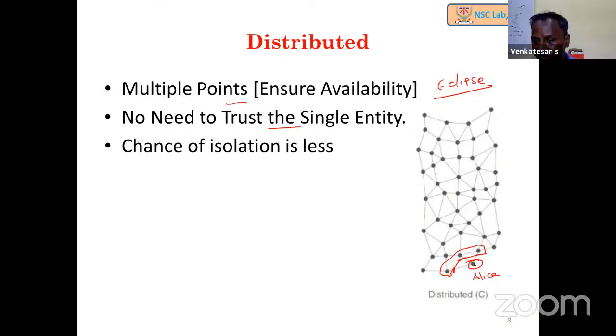So if Alice wants to connect to the network, only these three guys are there to connect. So if these are colluded and they are against Alice, what is going to happen? Now Alice is isolated. If Alice is sending anything to the network, it will not go to the network because these guys are covering Alice. And if something is coming to Alice, that also they won't give. So this is what is represented as the eclipse attack. So let's see the solution at a later stage.